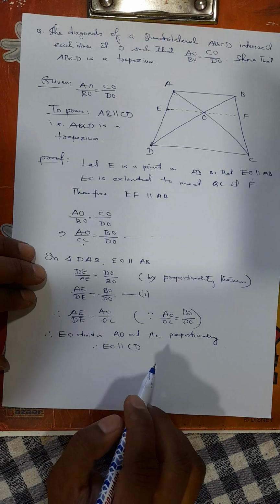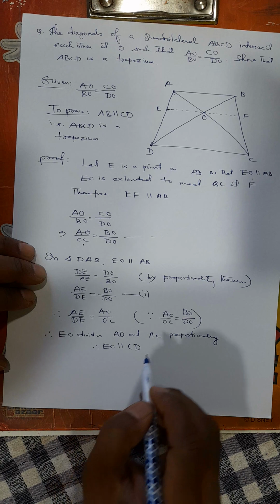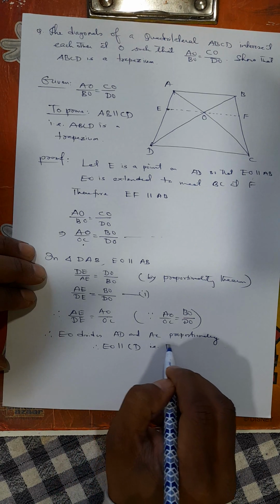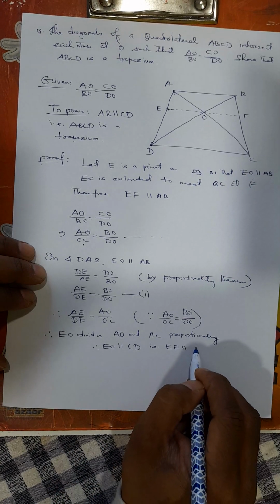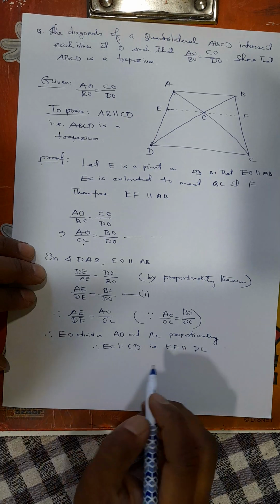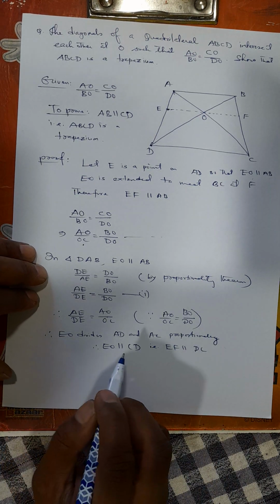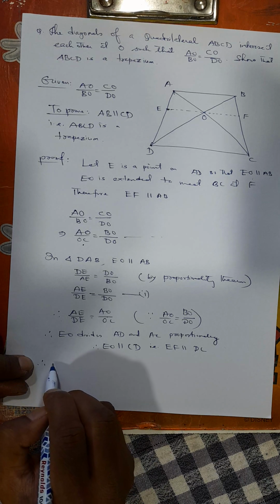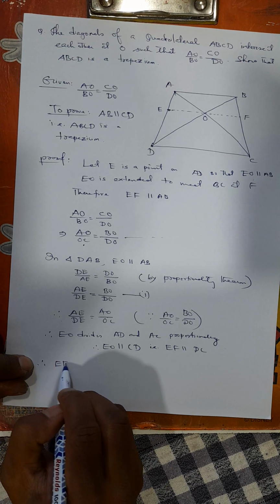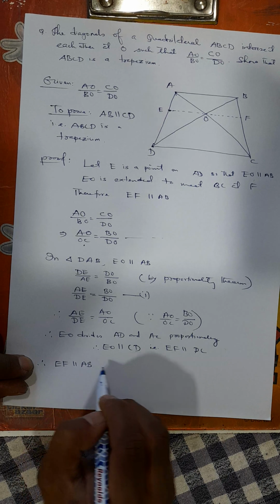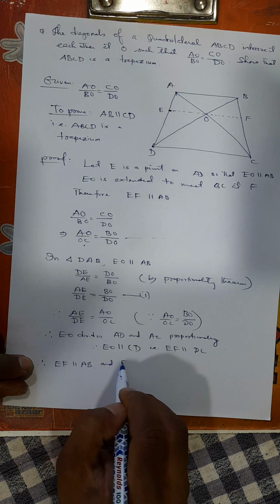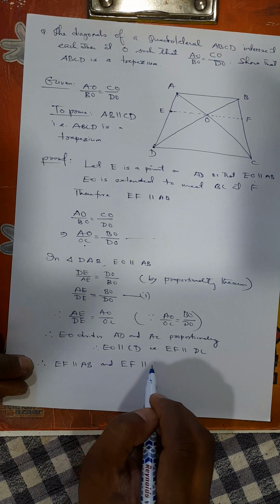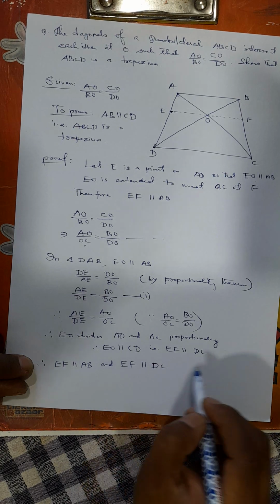Now earlier EO is parallel to CD means EF is parallel to DC. Now earlier EF was parallel to AB. Therefore, EF is parallel to AB and EF is parallel to DC.